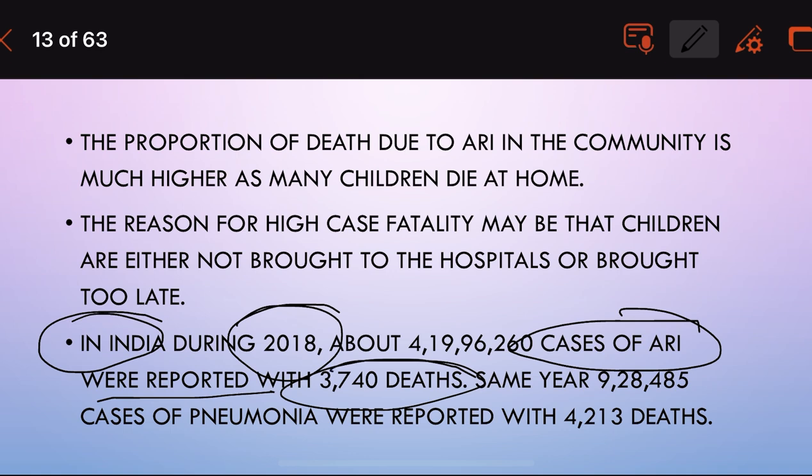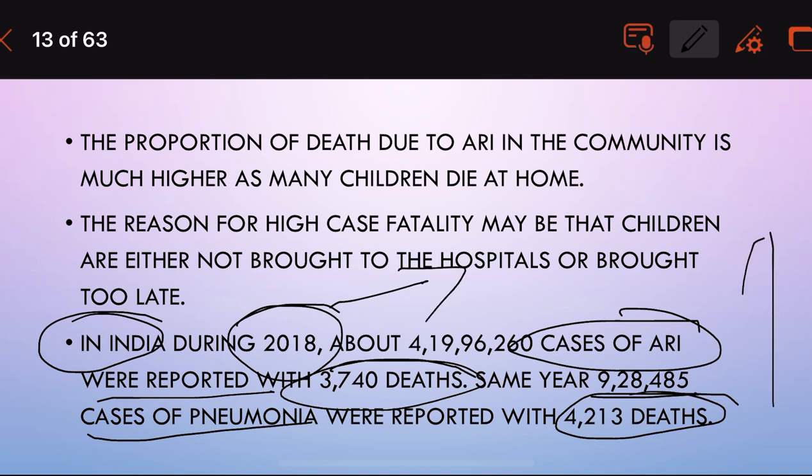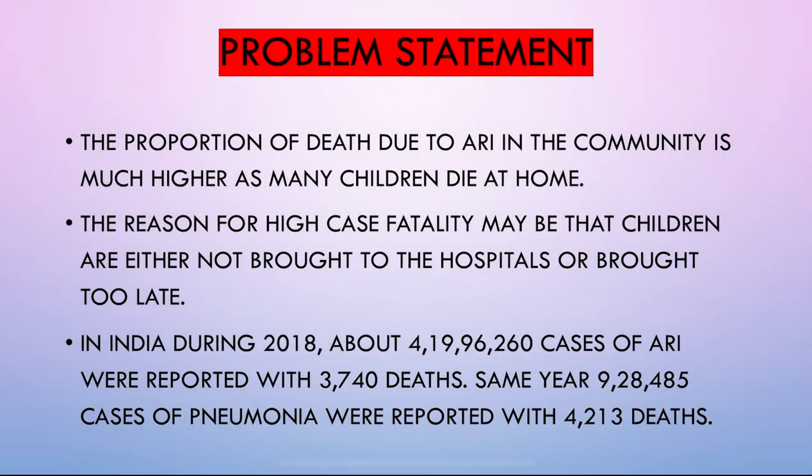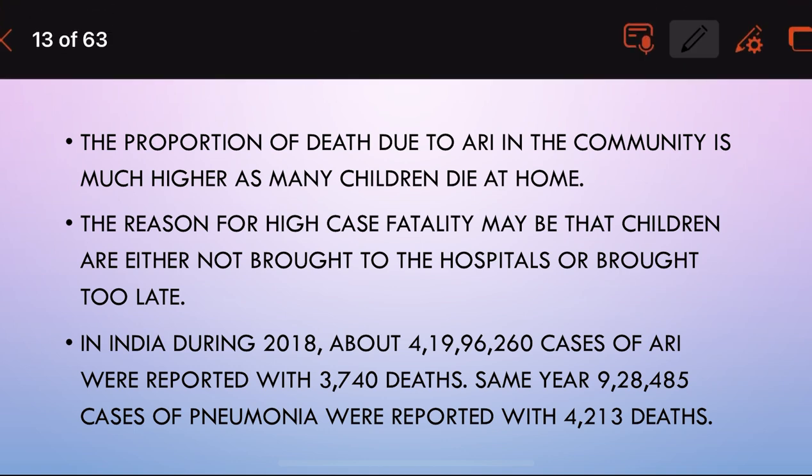Same year, 9,28,485 cases of pneumonia were reported with 4,213 deaths. So in 2018, the peak was too high, the mortality rate was high, and the cases were too high.